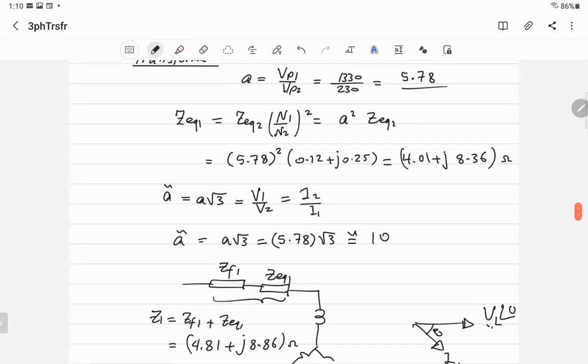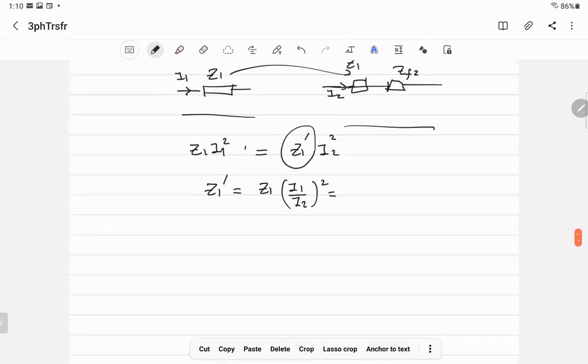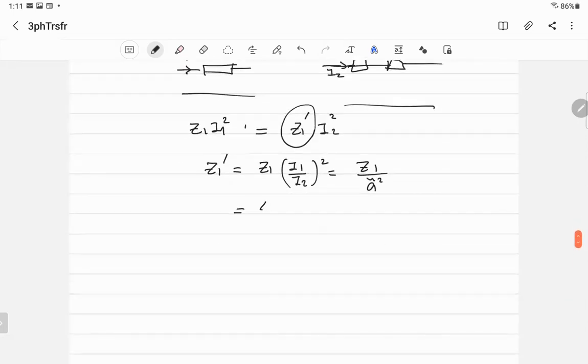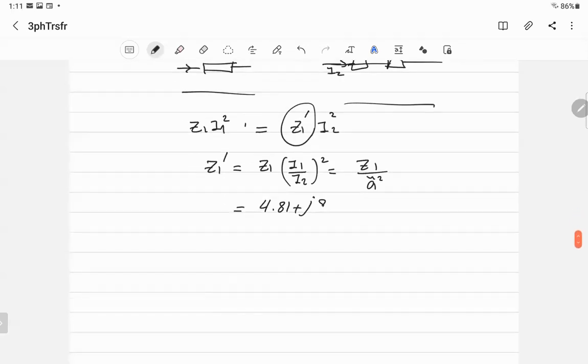The turns ratio of the three-phase transformer is equal to I2 over I1, so Z1 dash will be Z1 over A squared, where A is for the three-phase transformer, not the single-phase transformer. Z1 has magnitude 4.81 plus j0.88, divided by A squared, which is 10 squared, giving 0.0481 plus j0.0088.